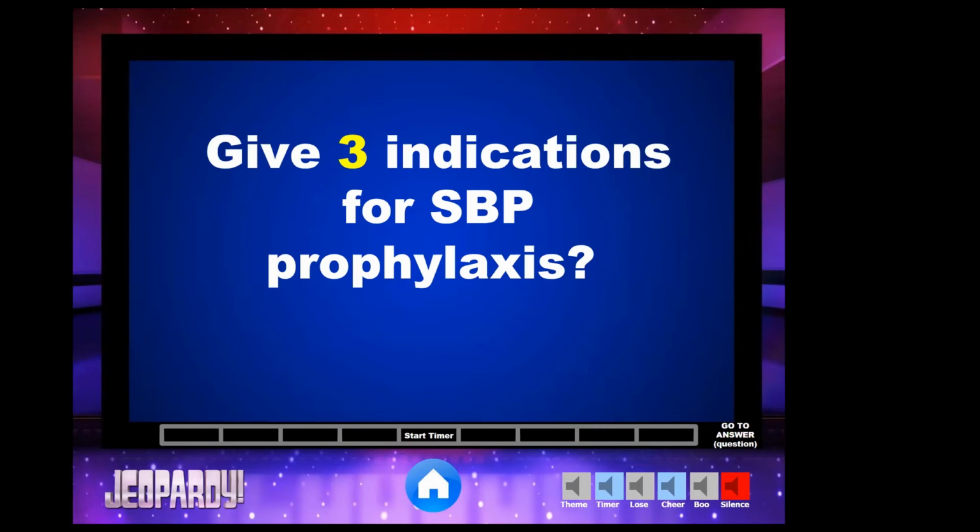The other one will be prior SBP in the past, and also having a low protein. Sorry, let me rephrase that. Ascitic fluid protein level less than 1.5, I believe.